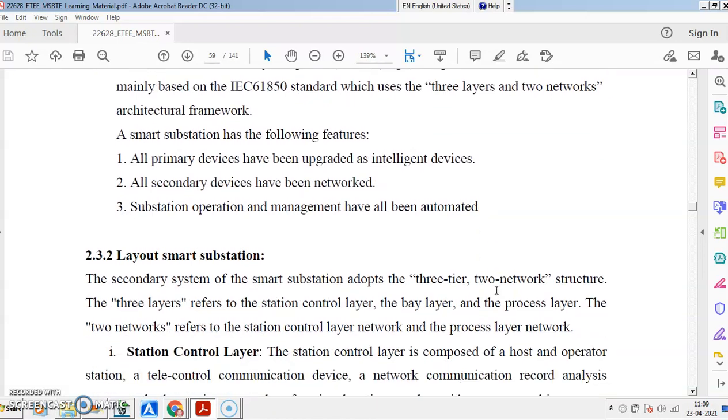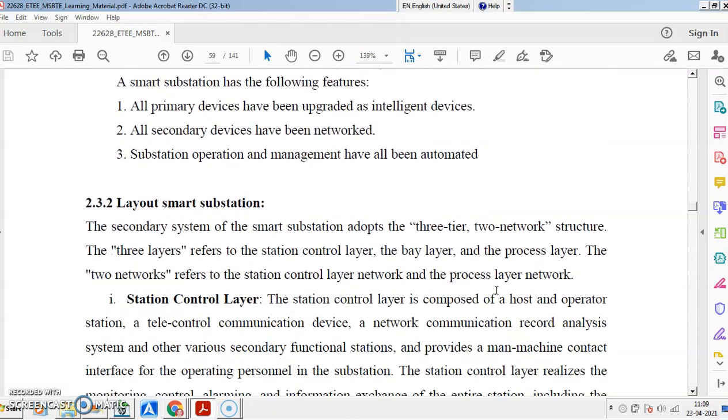Okay. So what is the layout of the smart substation? As for the secondary system, the smart substation adopts a three-tier two-network structure. The three layers refer to the station control layer, bay layer, and process layer.